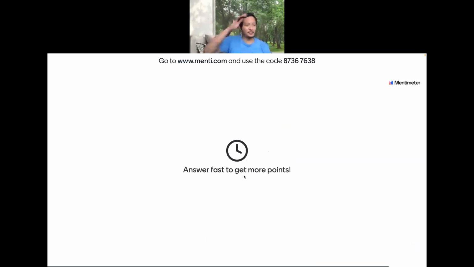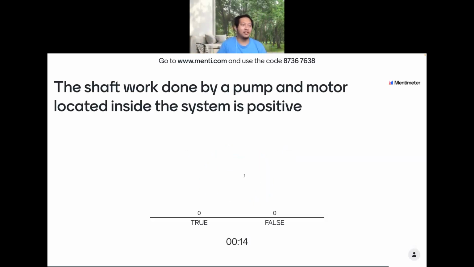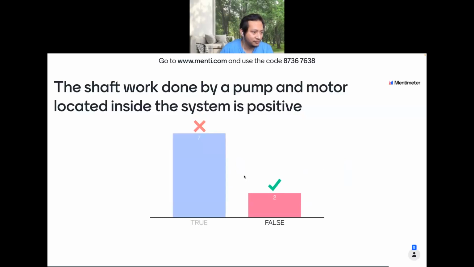Question 5. Work done by a pump in a system. It's false.